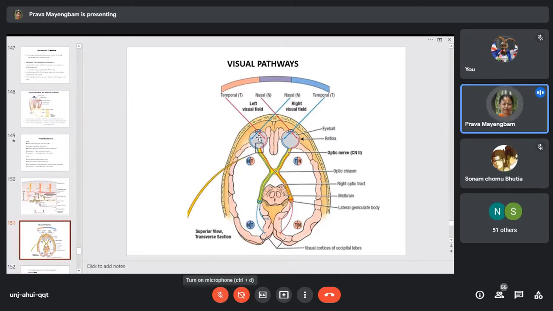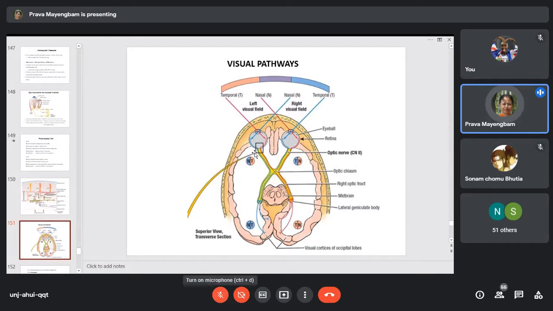So there are two pathways for light to travel, the nasal pathway, passing from the nose, and the temporal pathway, passing from the temporal lobe. On each eye, the nasal pathway goes in this direction and the temporal pathway goes in that direction, and they are all connected.